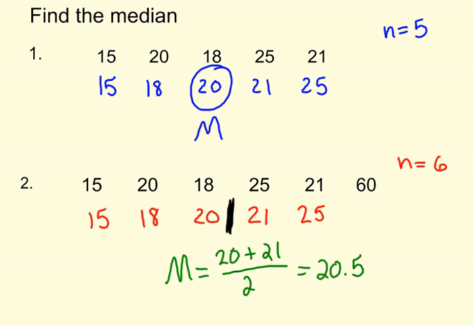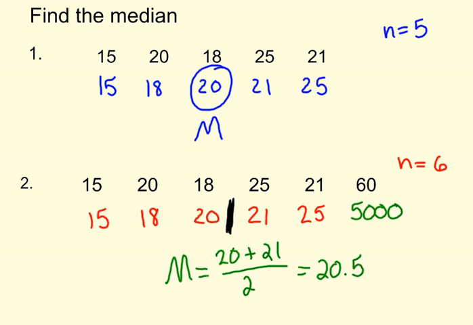Even if I made the last data point quite a bit larger, let's say 5,000, the middle of my data is still 20.5. This shows that median is a resistant measure of center and is often used when your data is skewed or has outliers.